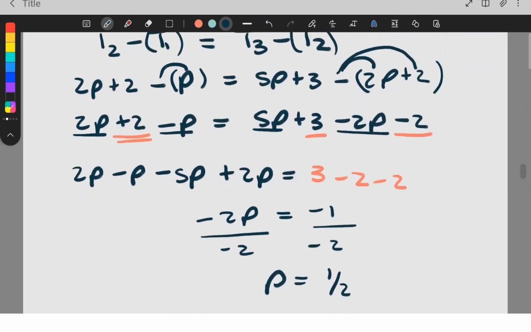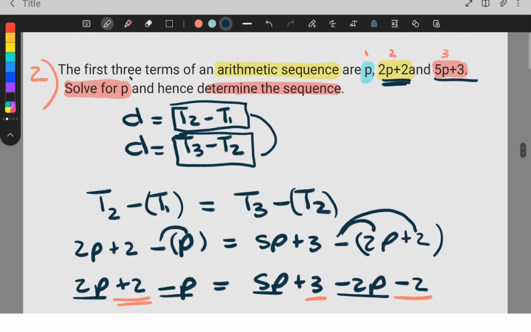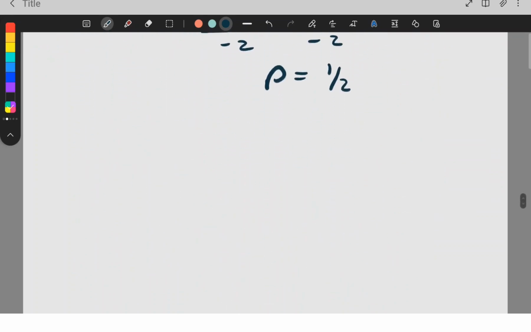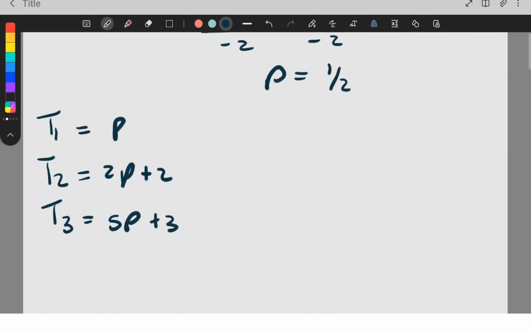Now, I've solved for p, so that was the first part of the question. Now I have to determine the sequence. To determine the sequence, I write T1 is p, T2 is 2p plus 2, and T3 is 5p plus 3. And now I simply make all my p's equal to a half.